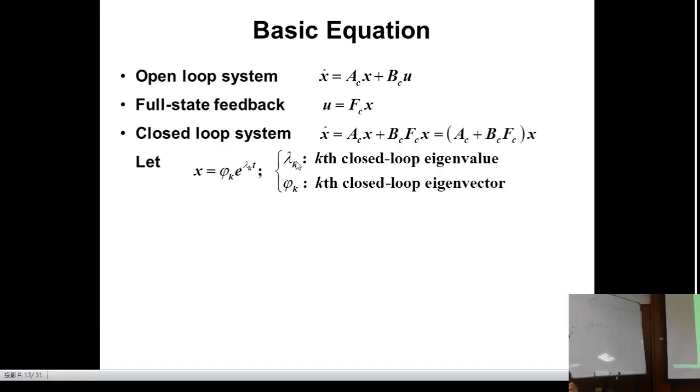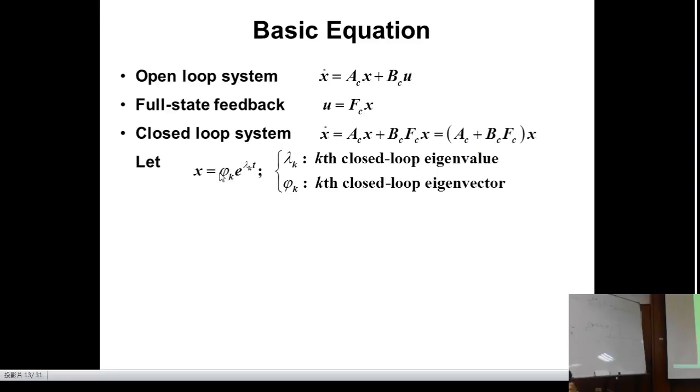All right. So for this one, assume we have the kth closed loop eigenvalue, which we call lambda k, and the kth closed loop eigenvector, which we call psi k. I think this is not phi, phi is another shape.